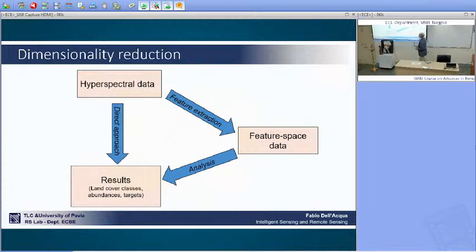When you work with hyperspectral data, you have basically two distinct problems. One is to extract features that are useful for your purpose, so feature space. So you move the data from the original setting to so-called feature space, which only stores the relevant part of the data, and then you proceed to the analysis, meaning you try to obtain the information that you need.